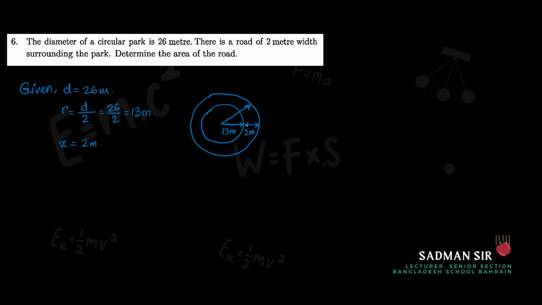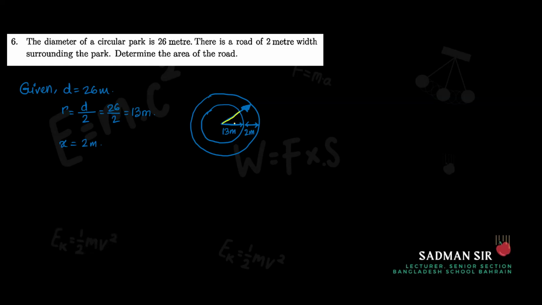This is 13, R2. This is 13 and this is 2. So total from here till here, what will be the radius? Many of you are not being able to understand.